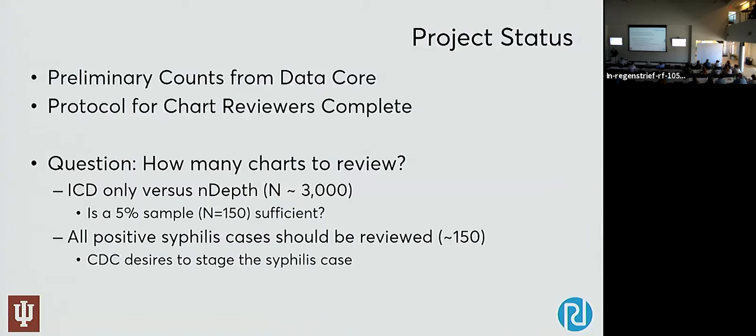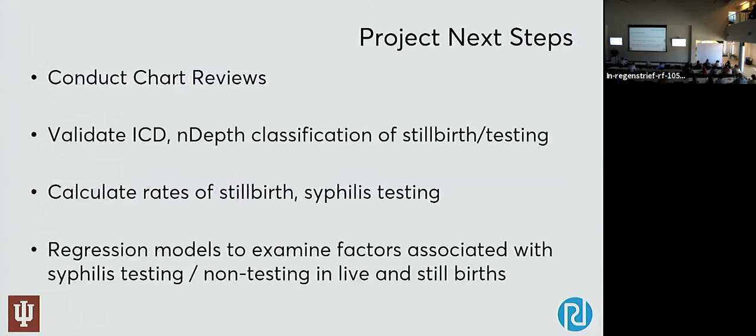And then we've got, again, ICD only versus in-depth, and we are planning to review all of the positive syphilis cases, because we want to do staging of syphilis in addition to asking these questions around the validity of ICD codes. So our next steps are to do the chart reviews once we confirm our numbers and line everything up with the chart reviewers, validate the ICD codes, the in-depth classification of stillbirth and testing, and then, once we have the real numbers, calculate the rates of stillbirth for the state and syphilis testing.